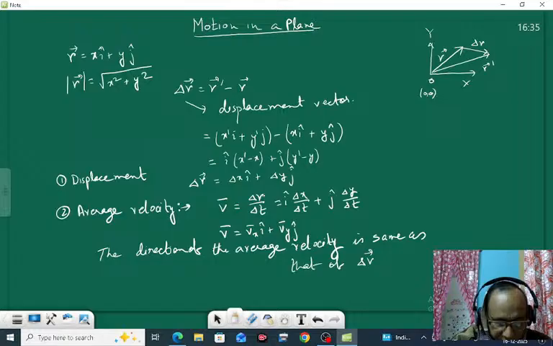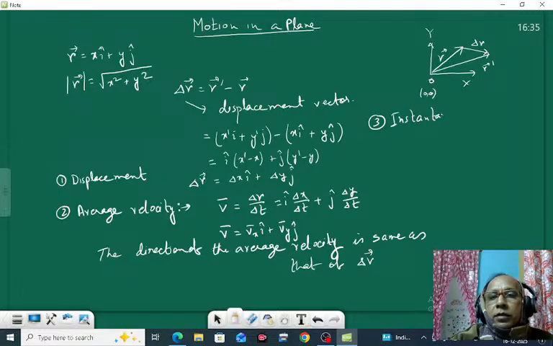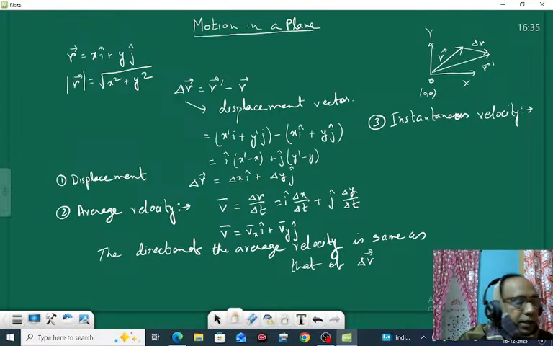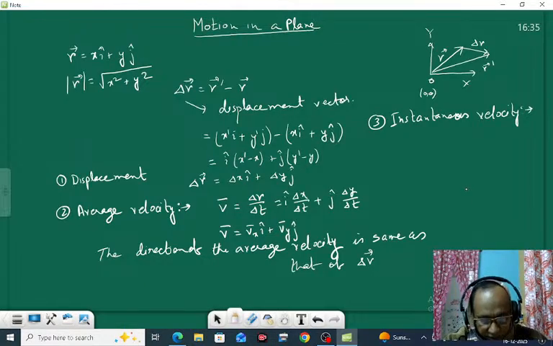Now the next one is instantaneous velocity. Third number what we want to define is instantaneous velocity. This is very much important. What is instantaneous velocity? The instantaneous velocity is given by the limiting value of the average velocity as the time interval approaches 0.